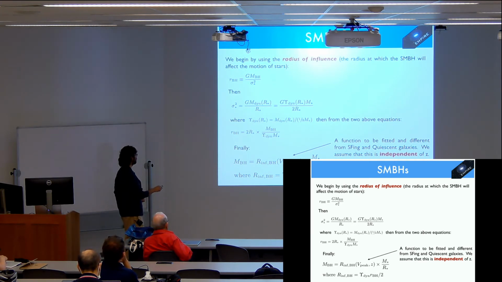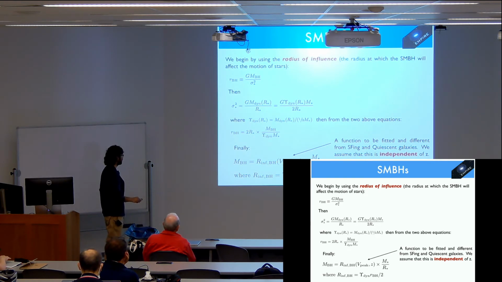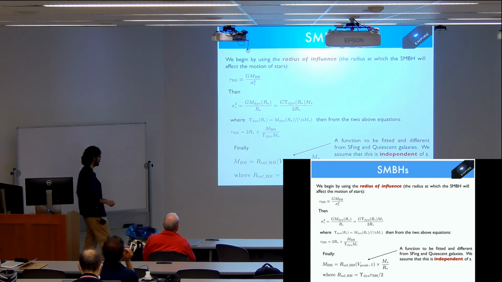Then we compute the velocity dispersion of the stars given by this equation, which is the dynamical mass at the half mass radius divided by the half mass radius. Combining these two equations, we get this equation, where the main point is that we can write the black hole mass as a function of this ratio, the stellar mass to half mass radius.